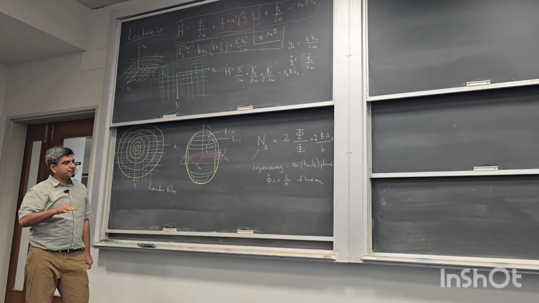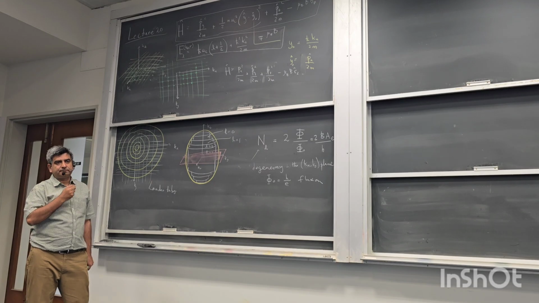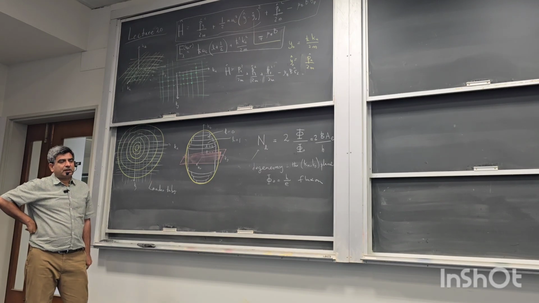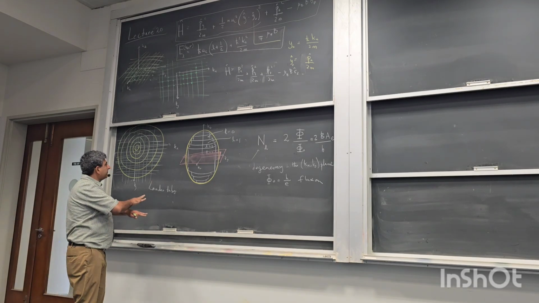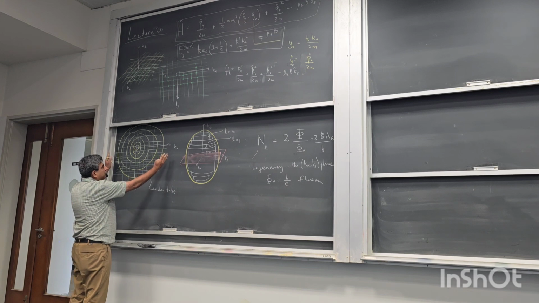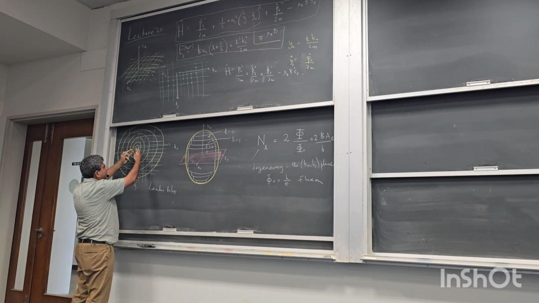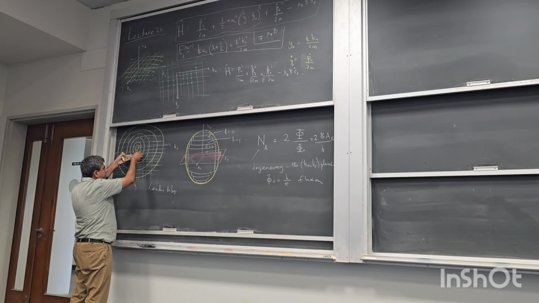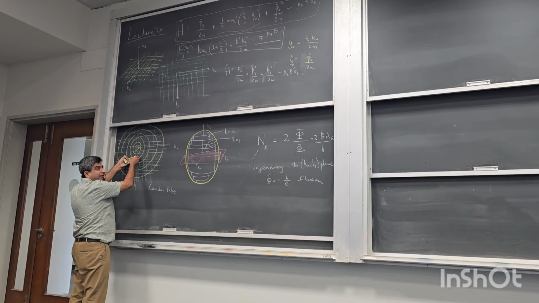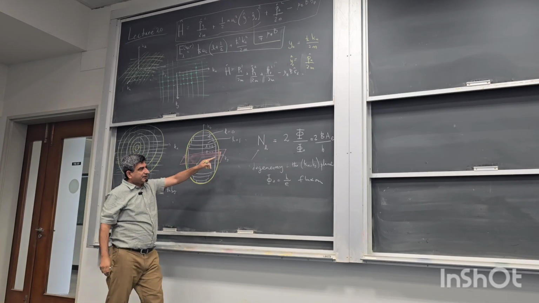Yes, Dua, what was your question? So there are a large number of points in the kx ky plane, but those points fall onto one of these tubes. So each of these tubes has a large number of points. The number of points on each tube, on each circle rather, is given by this.